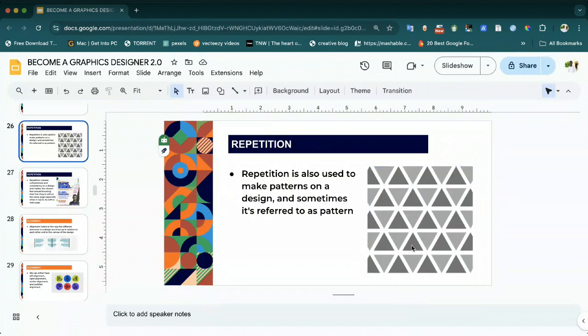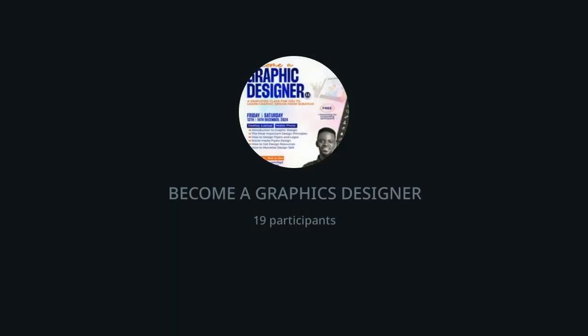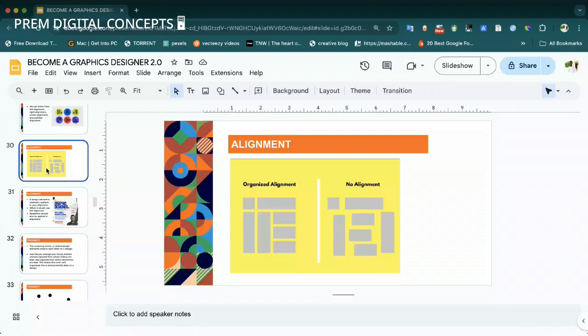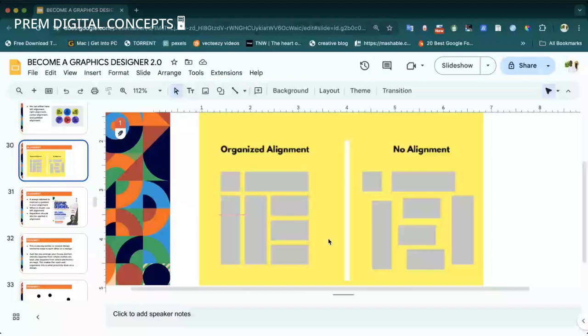It is because they justified the arrangement of the elements, that is those shapes on it. When we're doing alignments, everything is arranged equally and in straight lines.